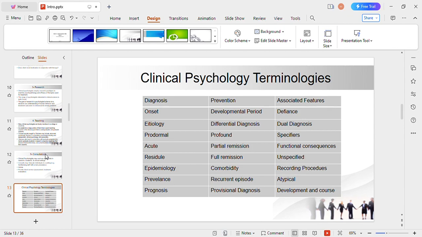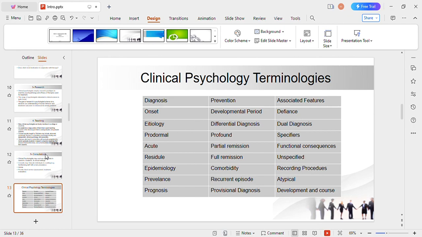form of disease. The next terminology is full remission and partial remission. Full remission means complete disappearance of any disorder, and partial remission means somehow the symptoms of the disease have disappeared, or the client has recovered a bit, but sometimes the time of recovery is very precise.